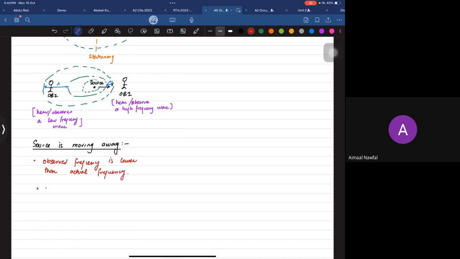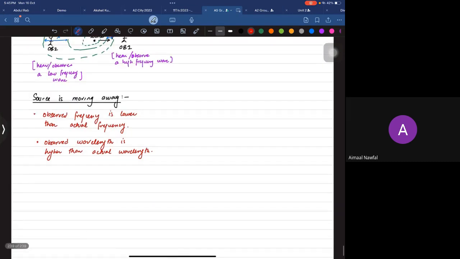The other thing is the observed wavelength is higher than the actual wavelength. Is it clear, everyone? Because wavelength and frequency are inversely proportional, that's why.